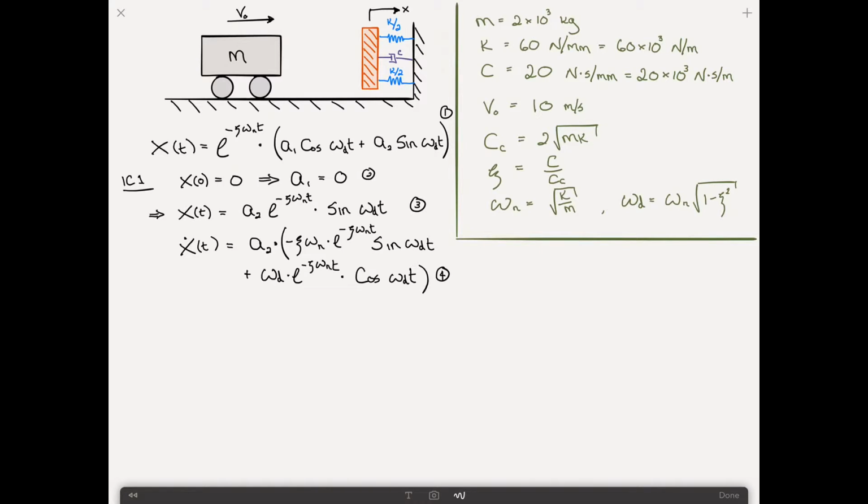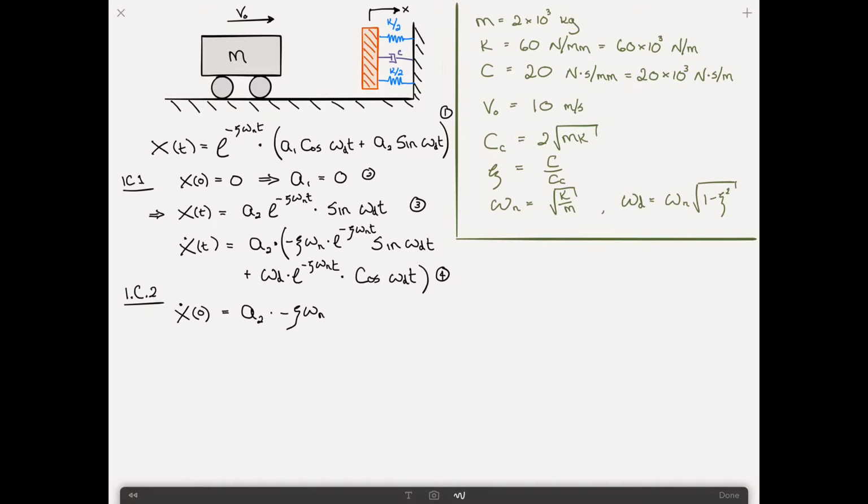All right. So the second initial condition, IC2, is that the velocity is equal to v0. So x dot of 0, substituting it into equation 4, gives us, let's just write it out, a2 times minus zeta omega n.